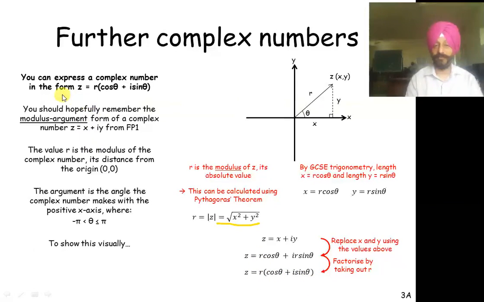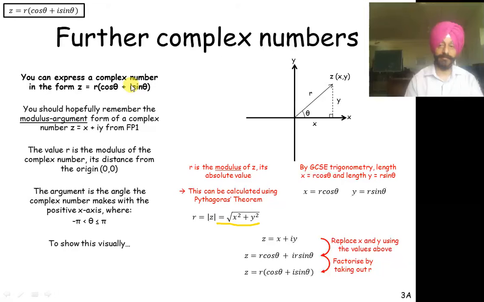So this is our first formula, where a complex number z is equal to x plus iota y can be represented by z is equal to r into cos theta plus iota sin theta.